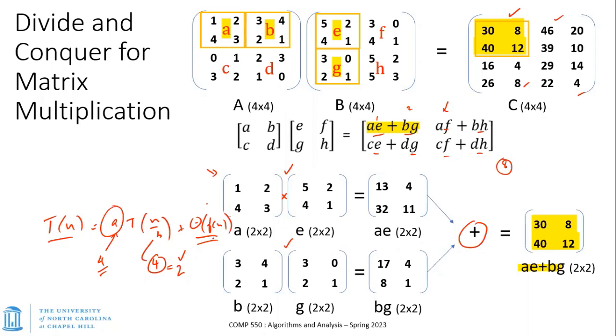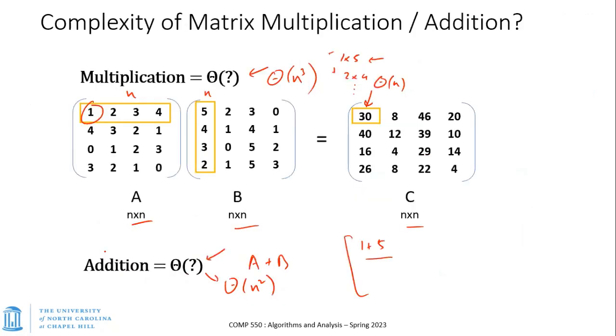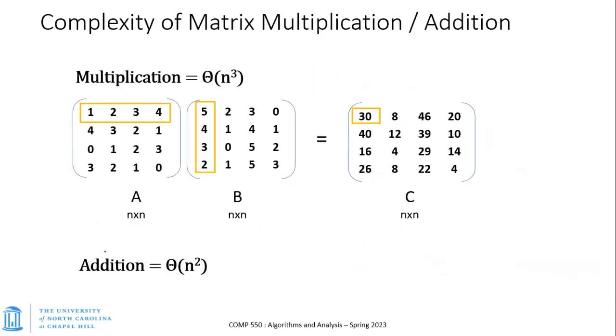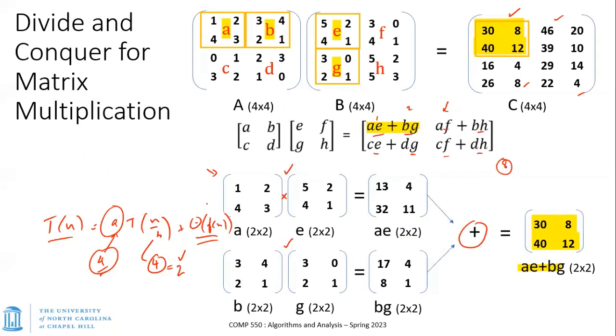And what should f of n be? Should A depend on the number of additions or multiplications? Well, the number of additions is proportional to n squared, and the number of multiplications is proportional to n cubed.